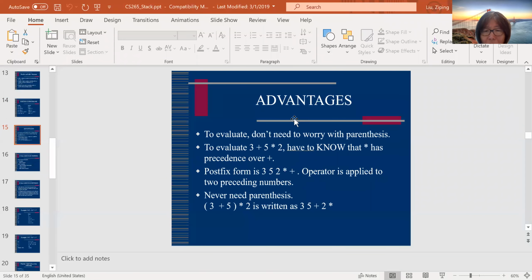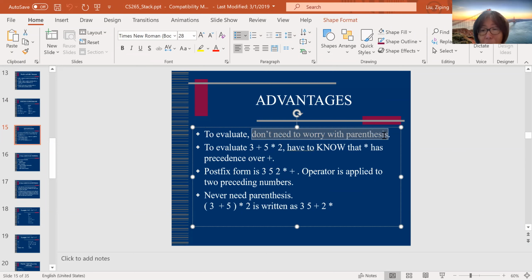Here it explains more about postfix advantages. We don't need to worry about parentheses. Just remember, in a postfix expression there are no parentheses. But we do need to know operator precedence.